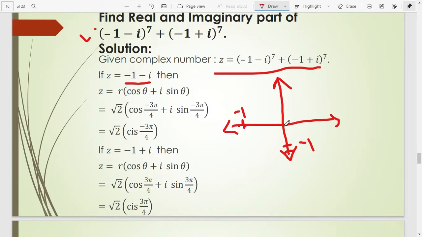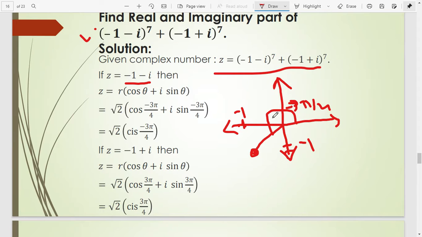So the angle with x axis is minus 3 pi by 4.